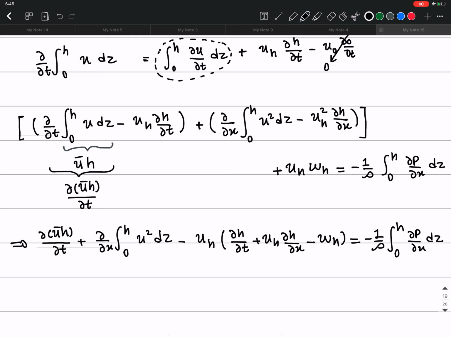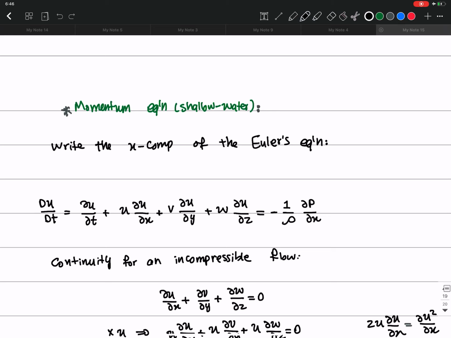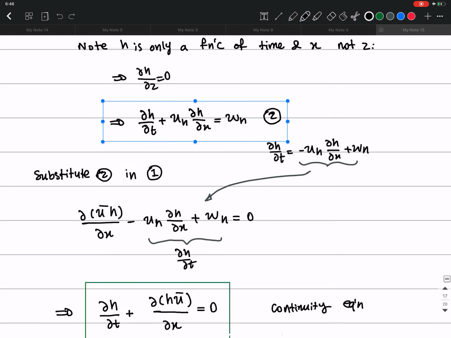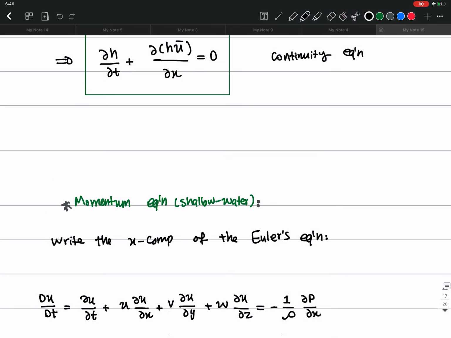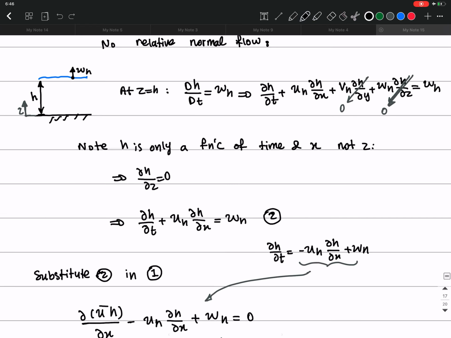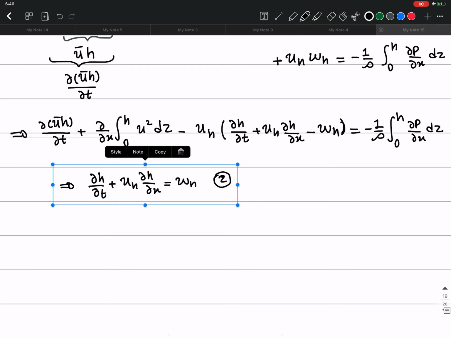Okay, and let's see what is this term. So let's look at our top boundary condition. So this is our top boundary condition that we set in the flow, which essentially means that dH over dt equals to w_H. Right? This is what it essentially means. So let me copy it here, and then you take a look at it.